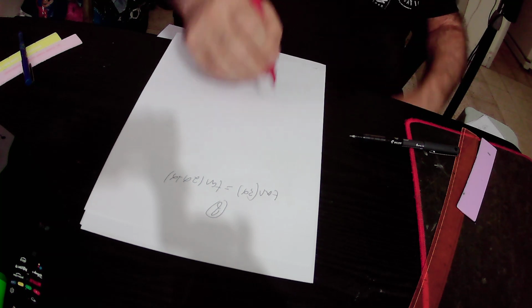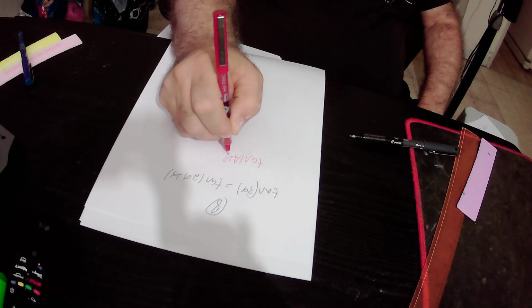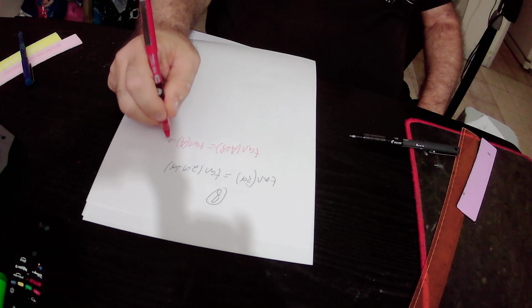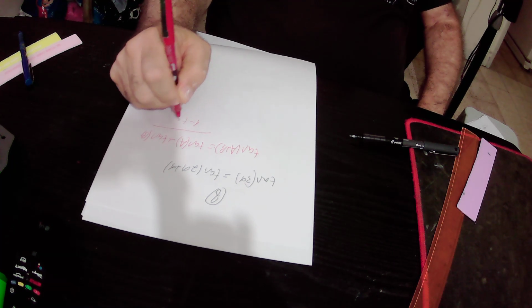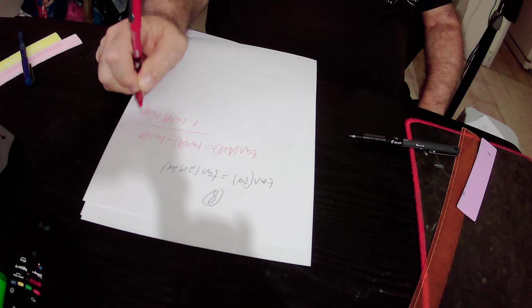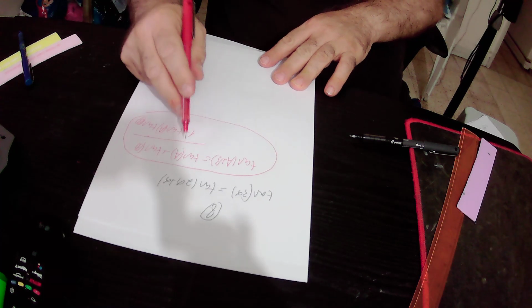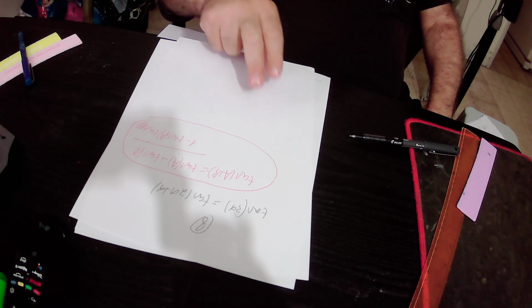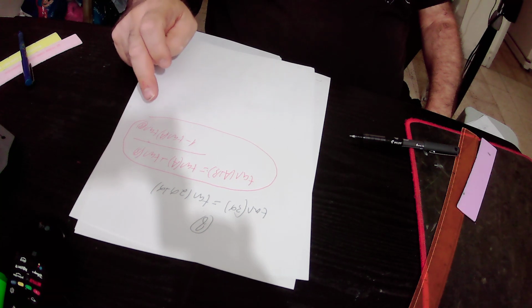The trigonometric identity is tangent of A plus B equals tangent A plus tangent B over 1 minus tangent A times tangent B. Okay, so actually we will use this trigonometric identity in order to find out the value of tangent of 2 alpha plus alpha.